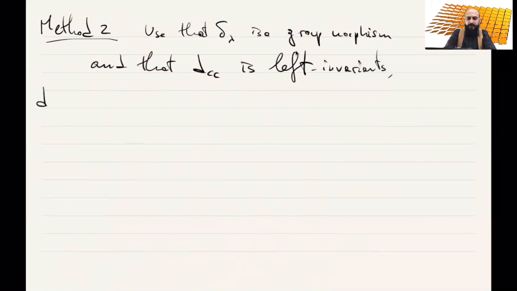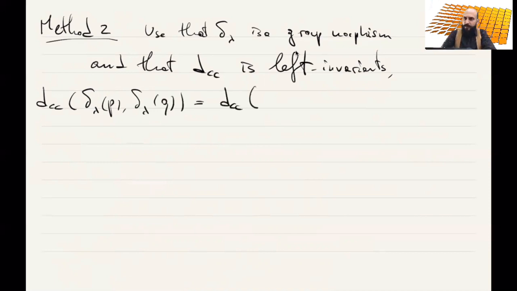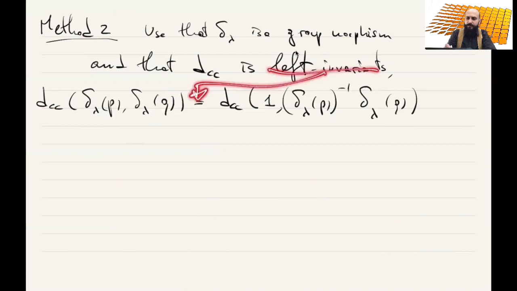The CC distance between delta lambda P and delta lambda Q is equal to DCC, multiplying now by delta lambda P inverse on the left, of the identity and delta lambda P inverse delta lambda Q. Here I use the left invariance.